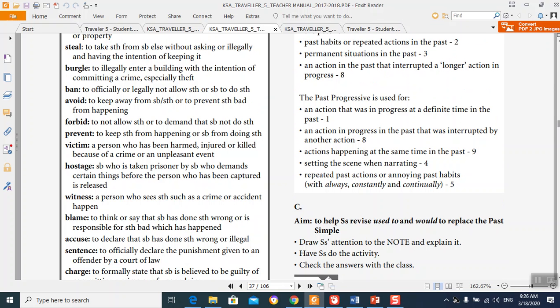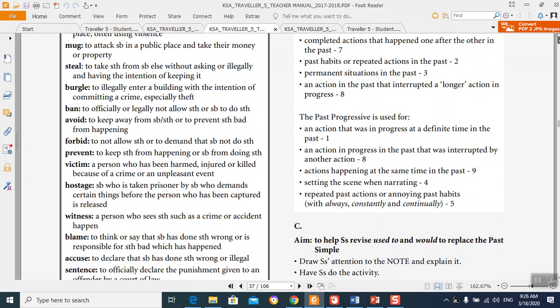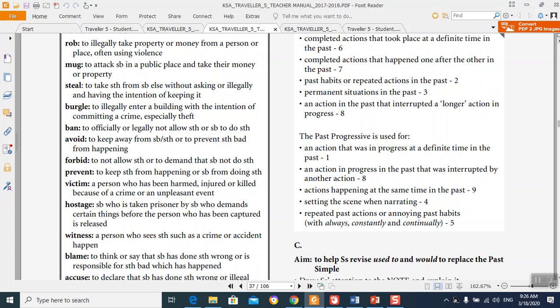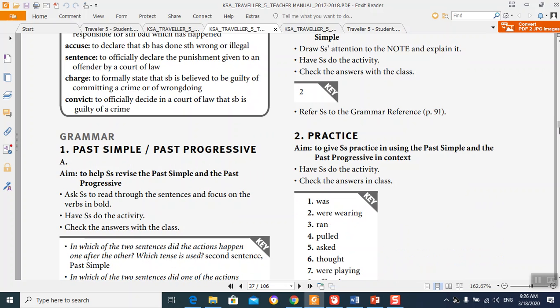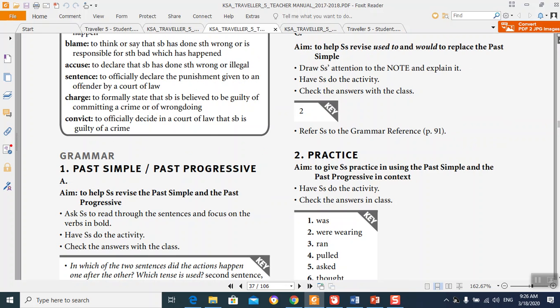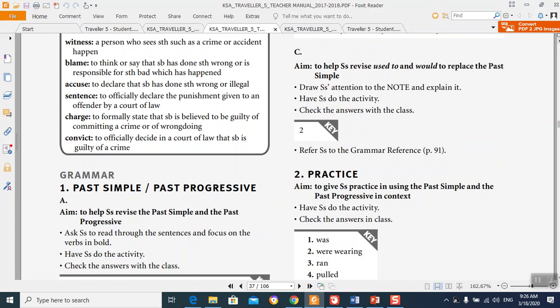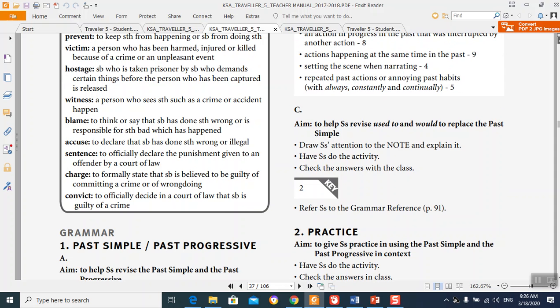You're gonna see and check the meaning of these words: rob, mug, steal, burgle, ban, avoid, forbid, prevent, victim, hostage, witness, blame, accuse, and sentence, charge, convict. So these verbs you need to distinguish. Convict, okay? So you go for the meaning again, read them carefully.